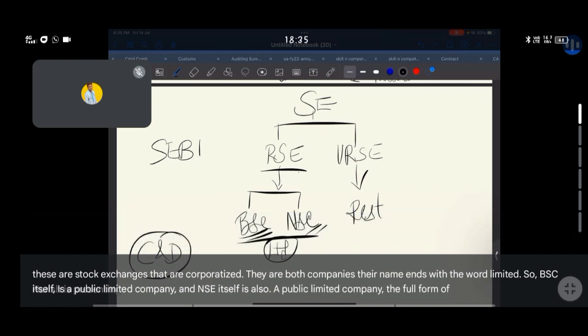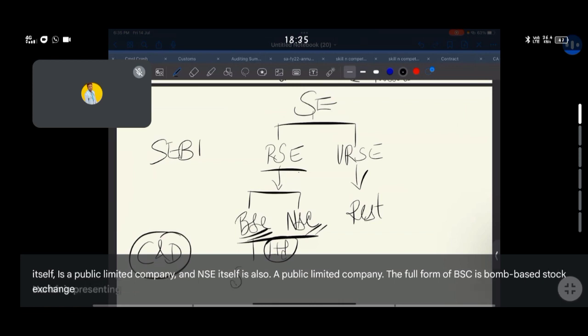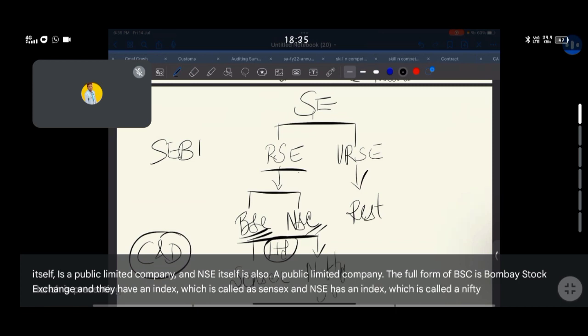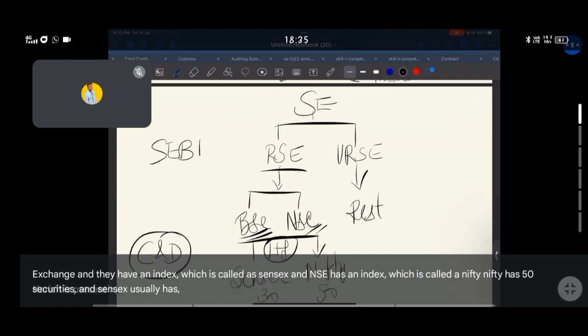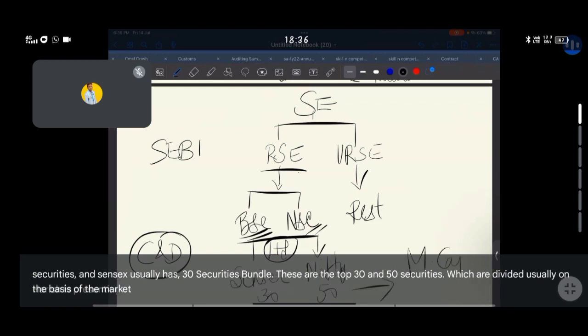The full form of BSE is Bombay Stock Exchange, and they have an index which is called Sensex, and NSE has an index which is called Nifty. Nifty has 50 securities and Sensex usually has 30 securities bundle. These are the top 30 and 50 securities which are divided usually on the basis of the market capitalization, for which the formula we just discussed.